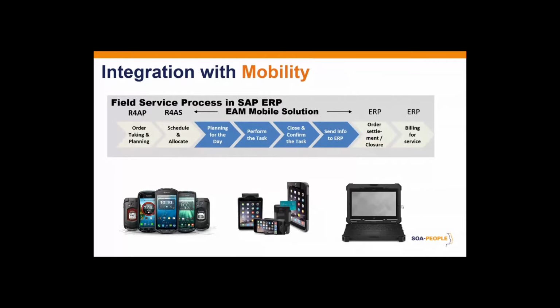But the integration doesn't stop there, because when the technician is on location, he will start the job and send status back to SAP. This means that in advanced scheduling, you can really monitor the execution, because you will see when a technician has started the job, when he finishes it, or maybe when he just paused the job so he can start another one. You will see all of that in real time in advanced scheduling.